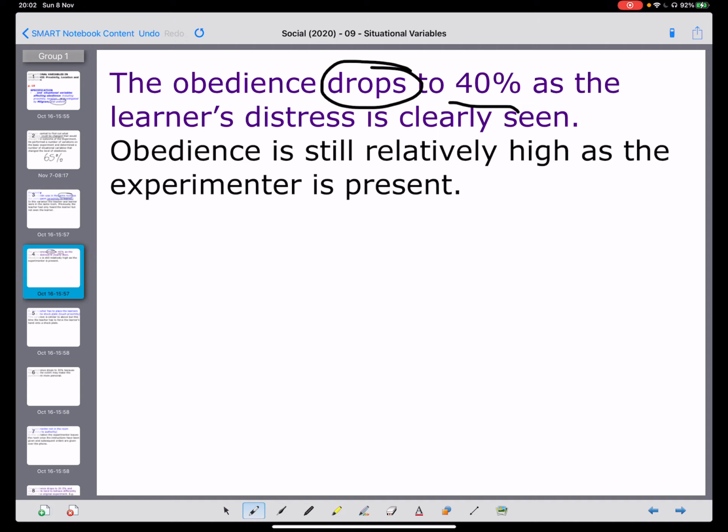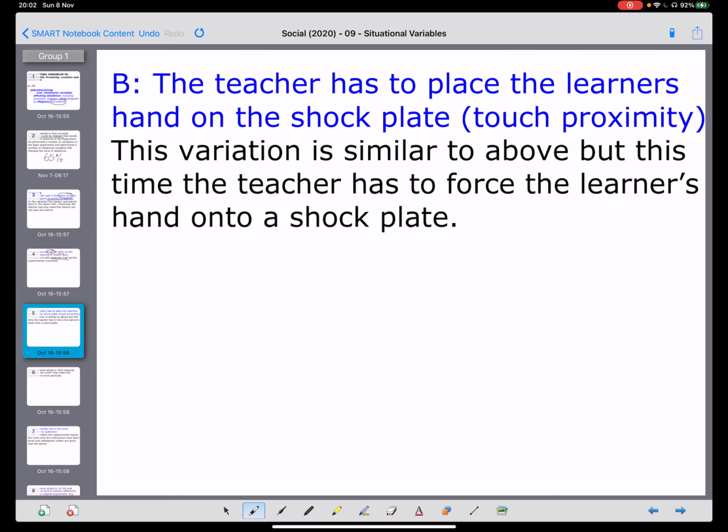Milgram was still surprised that obedience was still relatively high. So he changed one more aspect of proximity, and we call this touch proximity. We're going to see whether the person designated to be teacher could actually physically contact the learner in order to punish them.